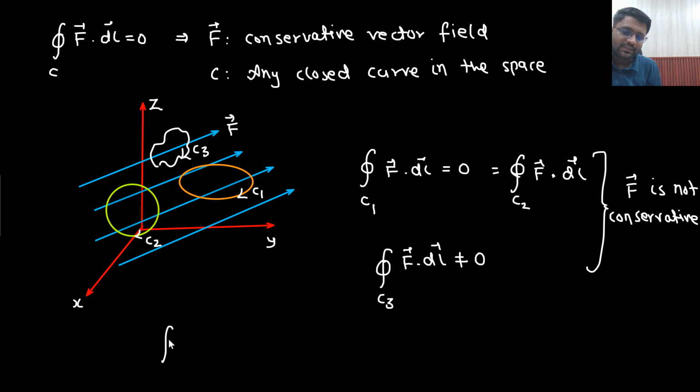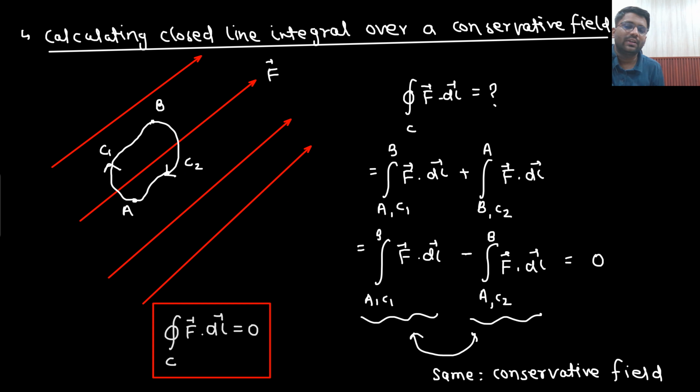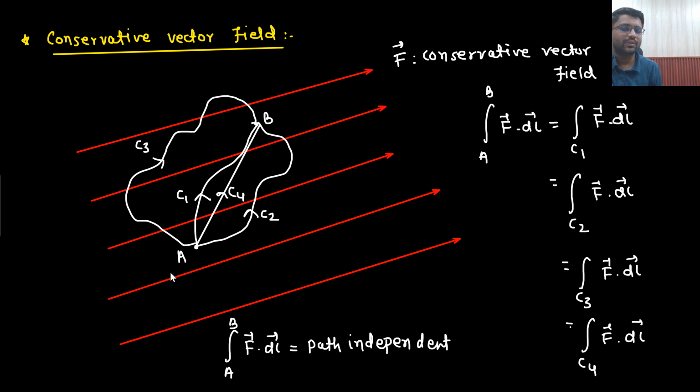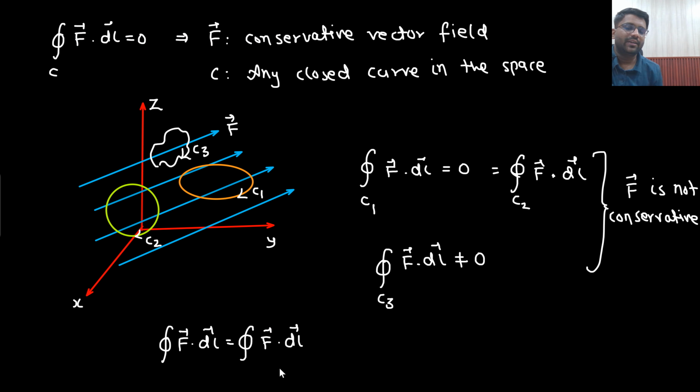If I calculated the closed line integral of F dot dl, again and again I am saying closed line integral, not the open line integral. For the open line integral, you have understood that no matter whichever path you follow, it will always give you the same result. The closed line integral will always come out to be 0, whether it is C1 or C2 or C3, or no matter whichever closed path you are taking.